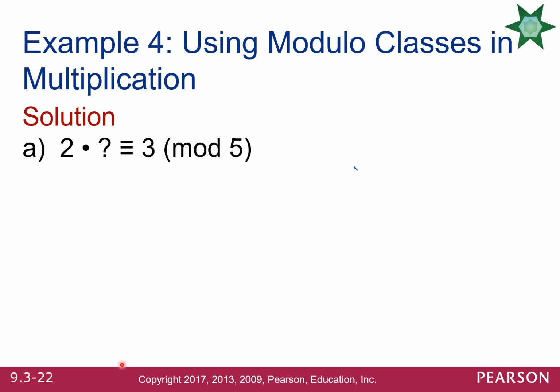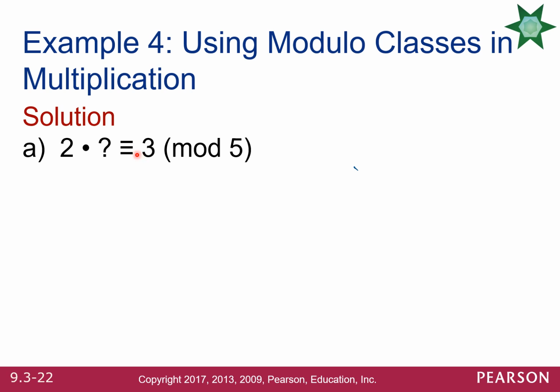So the initial problem was 2 times what value, represented by the question mark. We have to find the value for the question mark. So 2 times what value would be congruent to 3 mod 5, right? Which means that 2 multiplied by what value when divided by 5 would give a remainder of 3.